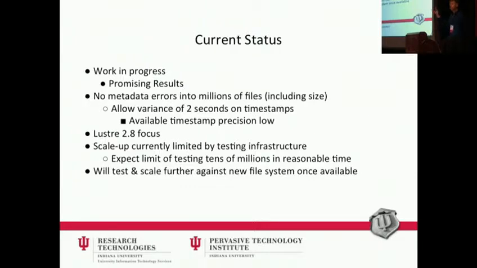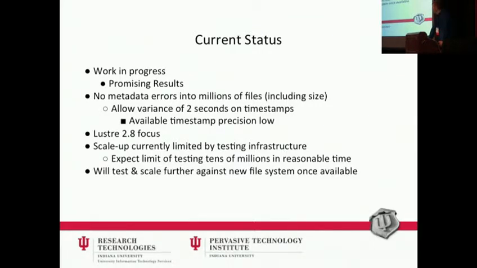We've been testing primarily. We did some early testing against Lustre 2.7, but since our RFP specified 2.8, we've been testing almost exclusively against Lustre 2.8. And I think one of the things that we've been sort of surprised about, particularly with using Python, is that the Zester tool itself currently isn't the thing that's limiting our ability to scale up.